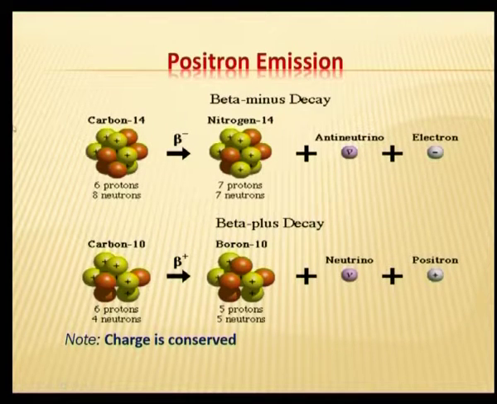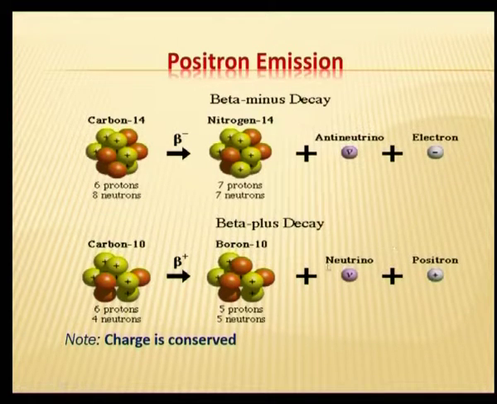Similarly now, if you have carbon 14 giving rise to a beta minus, that is an electron, then you go to nitrogen 14 containing 7 protons and 7 neutrons, plus an anti-neutrino and an electron. So, the electron is coming from carbon 14.